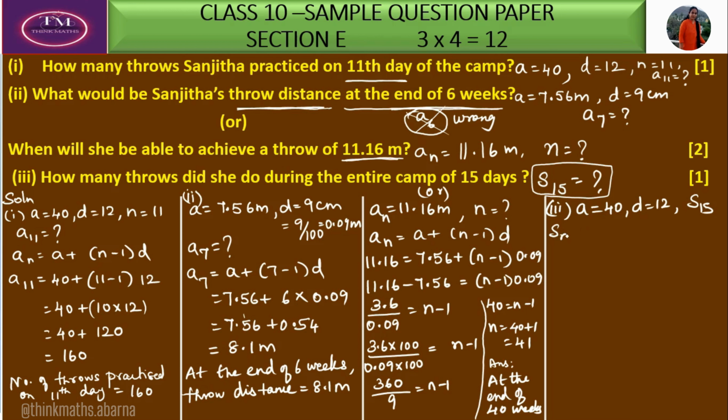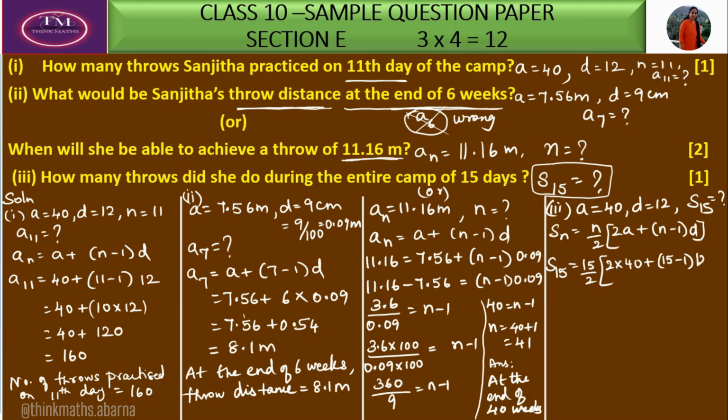So Sn equal to n by 2 into 2a plus n minus 1 into d. So this is the formula. We have to find out 15, so it is 15 by 2. 2 into a is 80, plus 15 minus 1 into d.